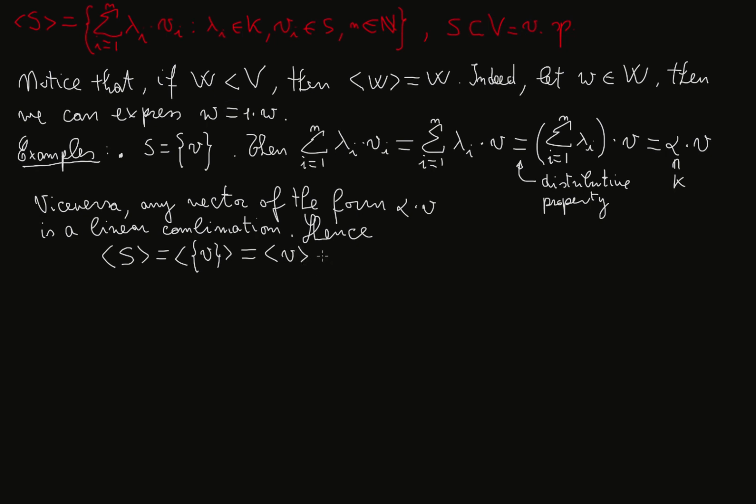It is simply going to be the following set: alpha times v such that alpha is in K. Okay, nothing else. So these are just multiples of v. In this particular case, the vector space of all linear combinations is just multiples of v by scalars.